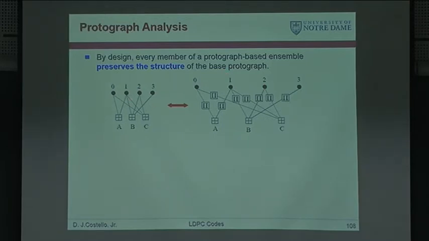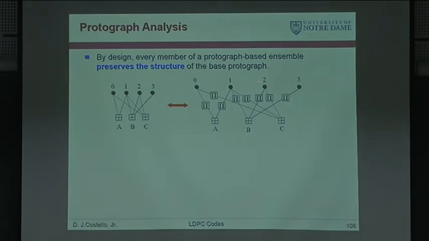That's because I said that the 0 variable nodes that go to A and C, say in that example, every 0 variable node in the bigger graph, one of the edges has to go to an A node and the other one has to go to a C node. And as long as we keep that structure, then all the codes in the ensemble, which are all possible permutations, will maintain the same properties as the protograph.